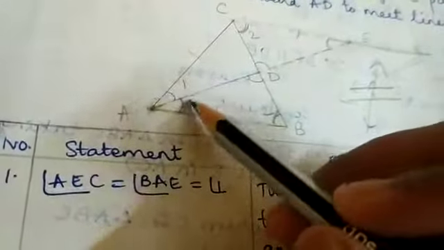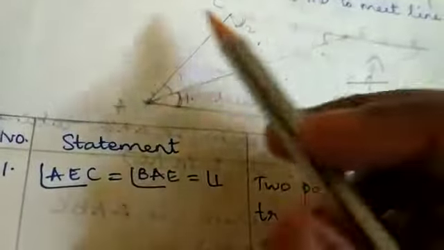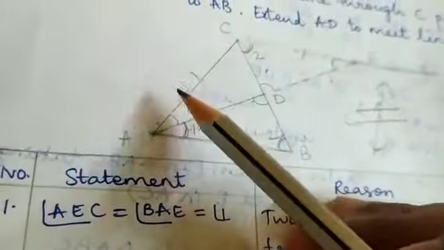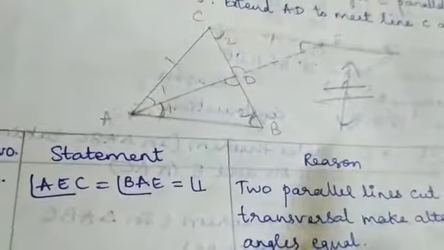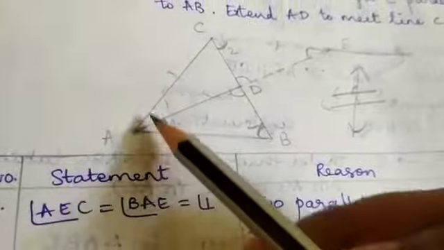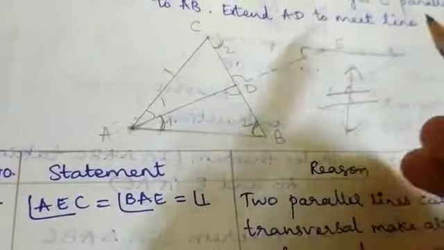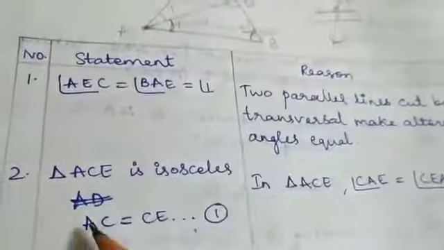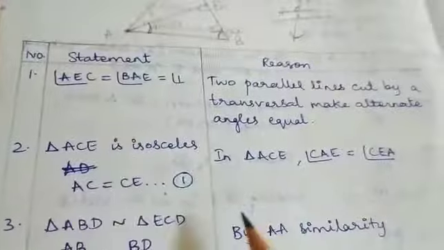When these two are equal, then these two are also equal. Opposite sides of the isosceles triangle are equal because opposite angles are equal. So this is an isosceles triangle, so AC equal to CE. We got it.